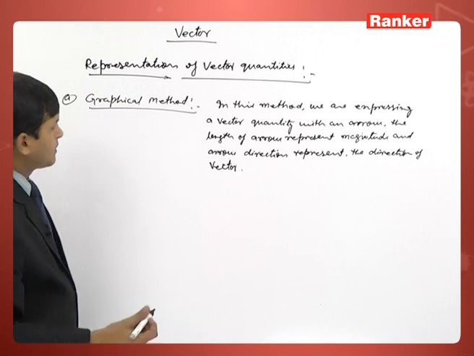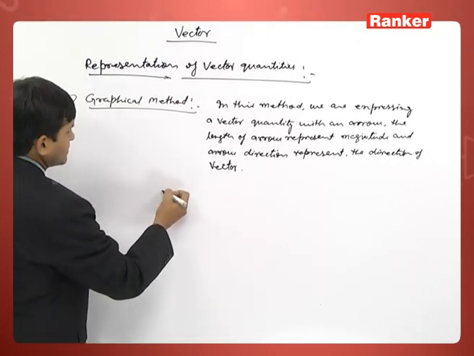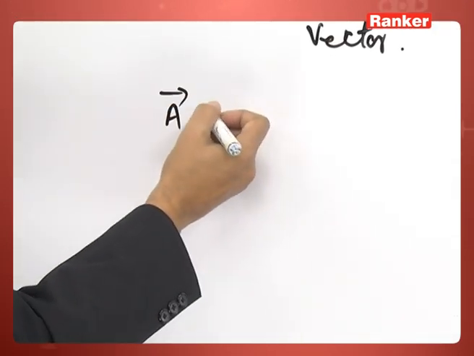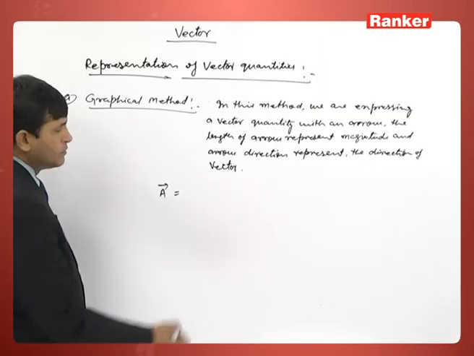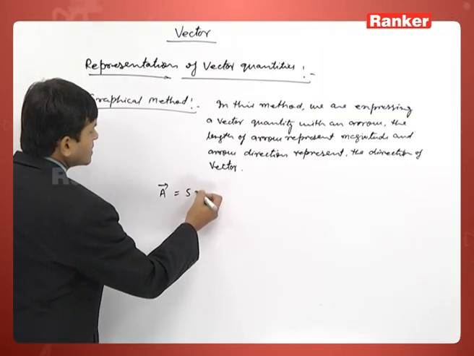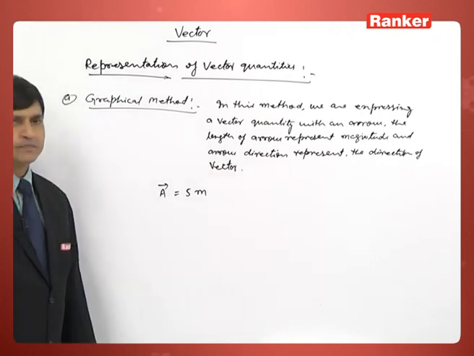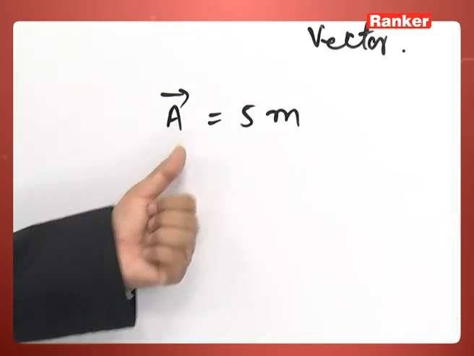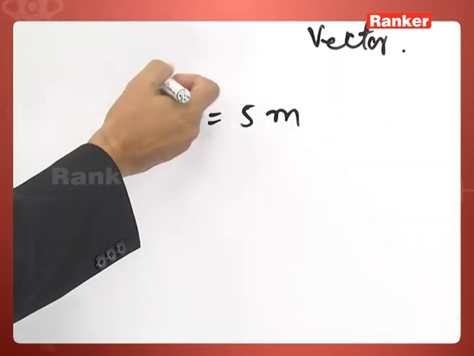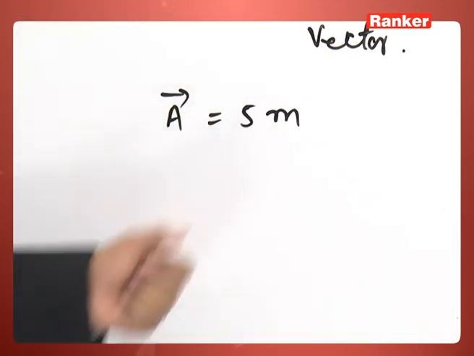See, for example, let A be any vector quantity, which is written here as 5 meter towards east. A is also a symbol of a vector quantity.